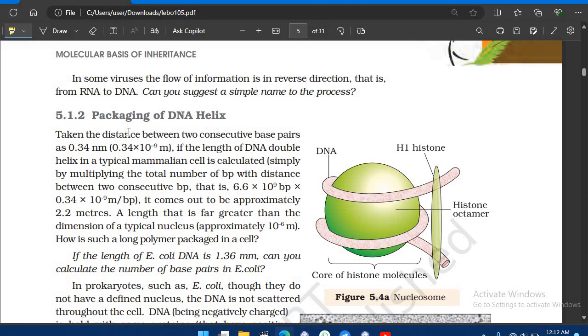Packaging of the DNA helix. Take the distance between two consecutive base pairs as 0.34 into 10 to the power minus 9 meter.